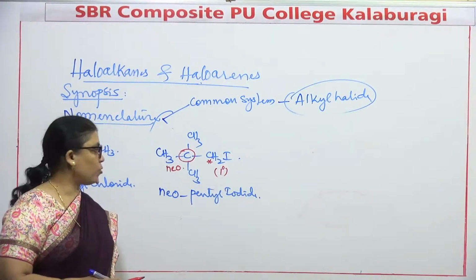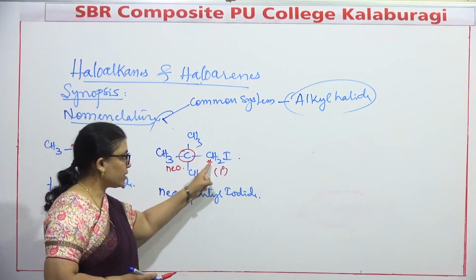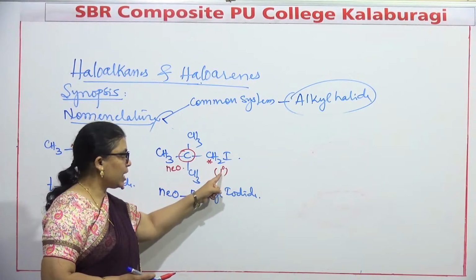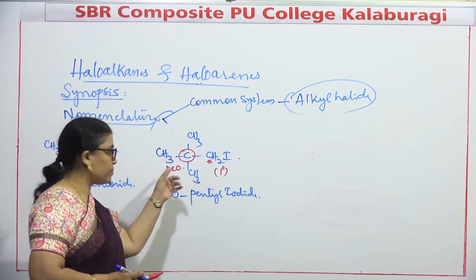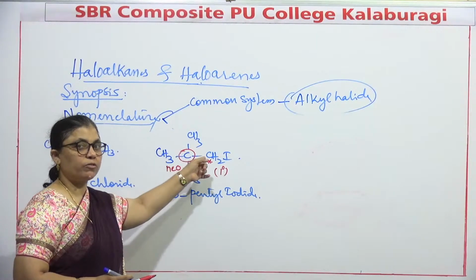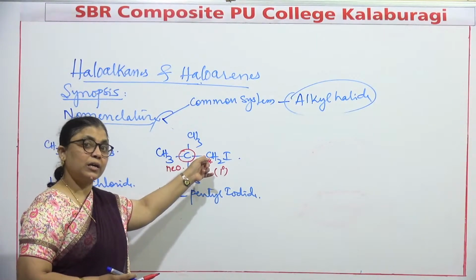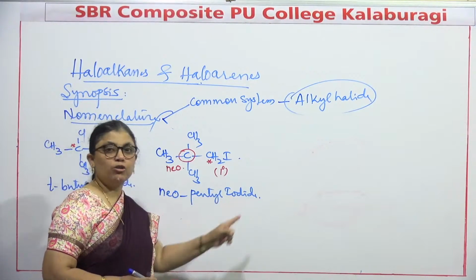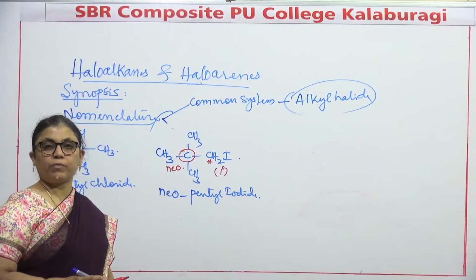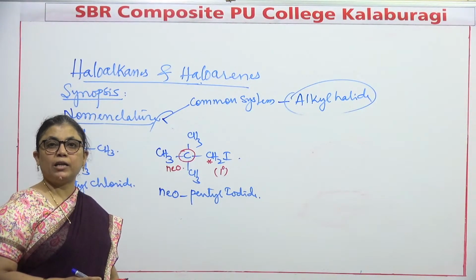That's why I have written here that the carbon containing the halide is primary in nature. The next carbon atom is neo in nature, because on all four sides it has a carbon atom. What is the name? Neopentyl iodide.